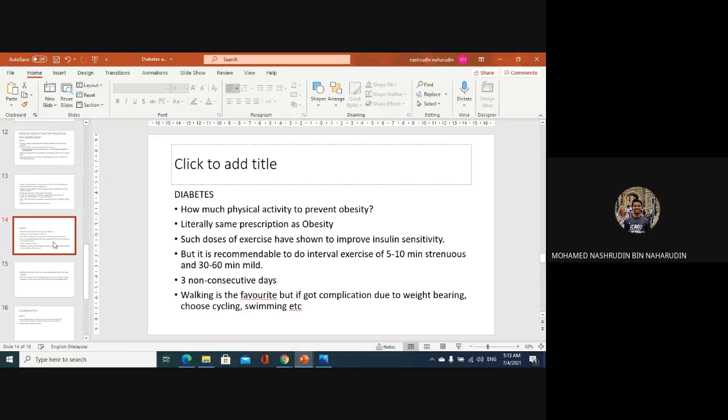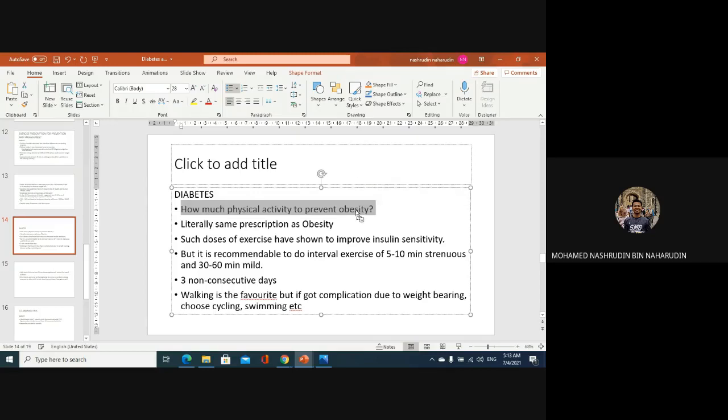So for diabetes, how much physical activity to prevent obesity? Oh, sorry, diabetes. Okay, how much physical activity to prevent diabetes? So it's literally the same as obesity.